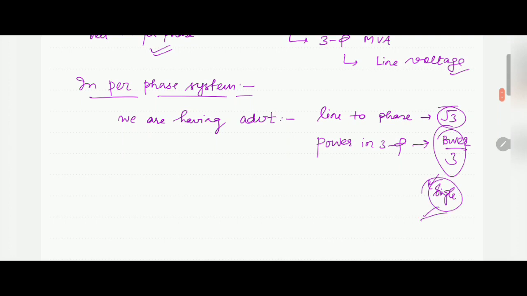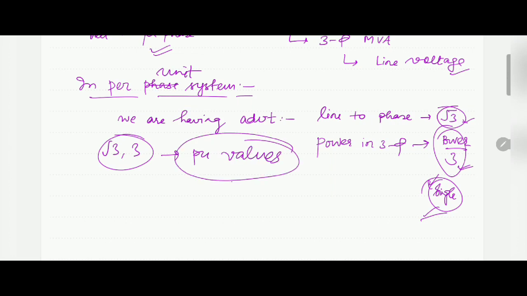So in the per unit system, we don't have to deal with these factors √3 or 3 while calculating per unit values. So we can say that it is one of the major benefits of adopting per unit values.